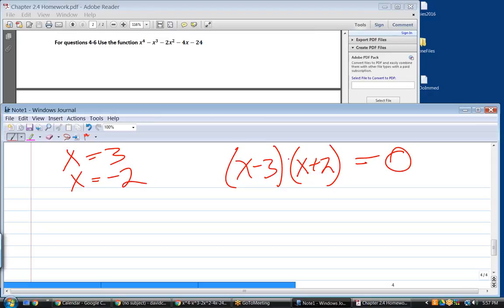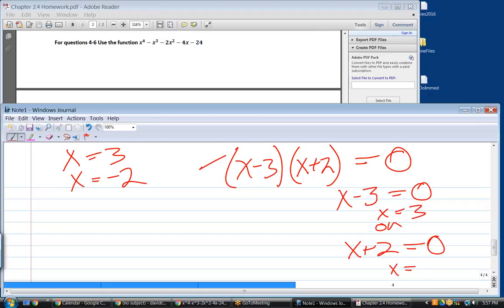The reason we want it in factored form is because you cannot multiply two numbers together and get 0 unless one of them is 0. So when I get it in that form, I'm able to say that x - 3 is equal to 0, or x + 2 is equal to 0, which makes x equal 3 or x equal -2.